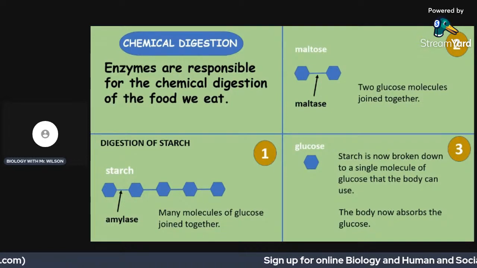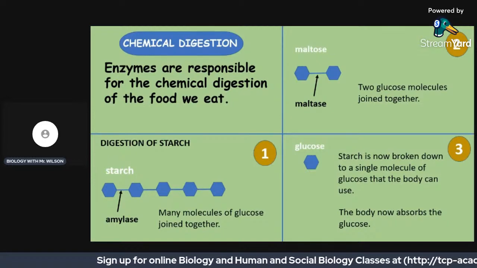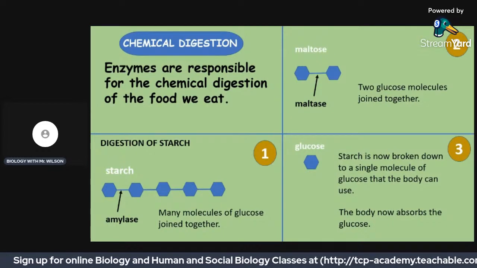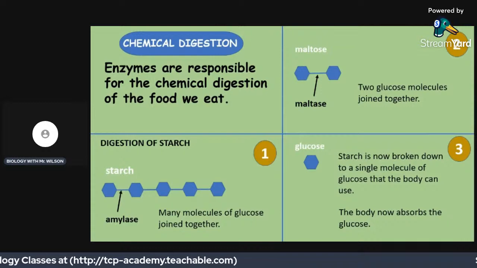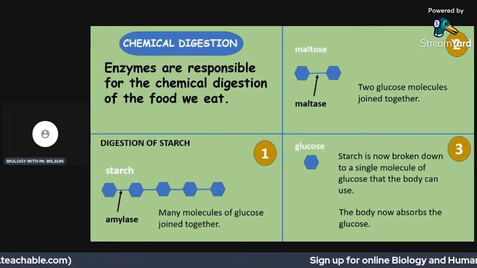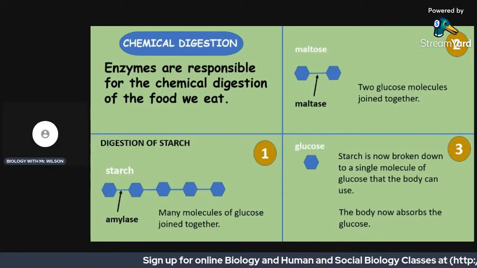They are reduced to maltose. Maltose is broken by maltase into a smaller version called glucose. Starch is now broken down at the level of glucose, in a form in which the body can use it. Hence, glucose is absorbed by the body.